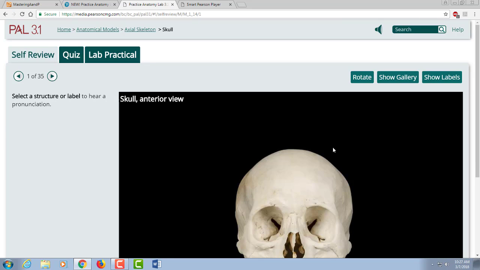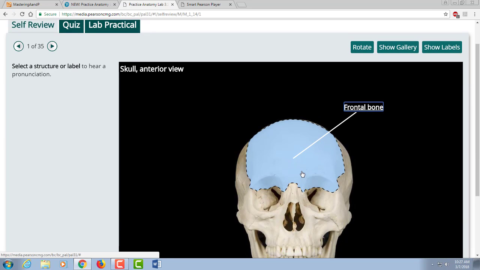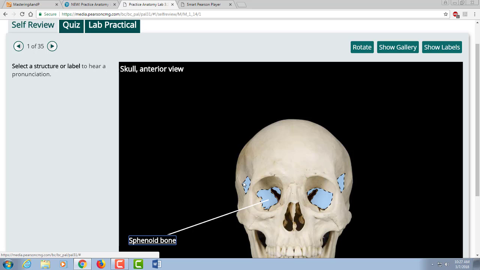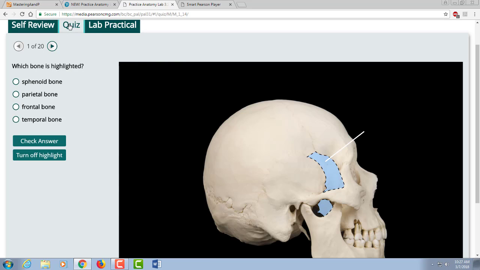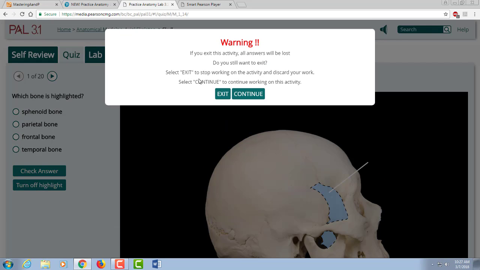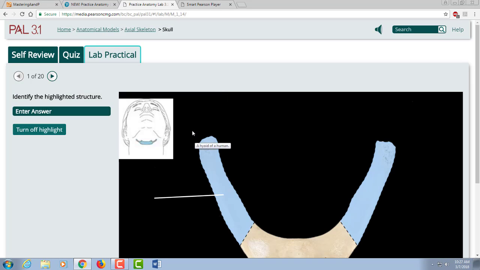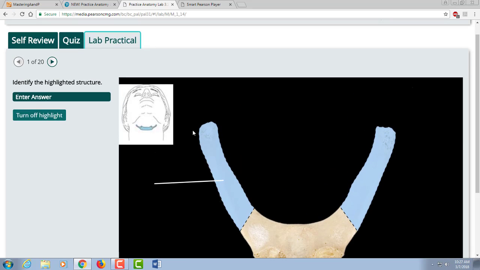Let's choose the skull. And when I scroll over any bone, it can tell me what it is. I can also take a quiz or a lab practical, and the lab practical will ask me to do the identifications. So those are worth knowing about.